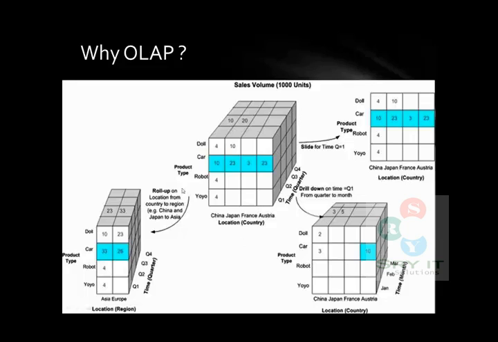For example, in the France location, how many cars have been sold in quarter Q3? Here I am involving three dimensions: product type car, location France, and time period Q3. Like this, I might need to involve n number of dimensions for a particular query analysis.